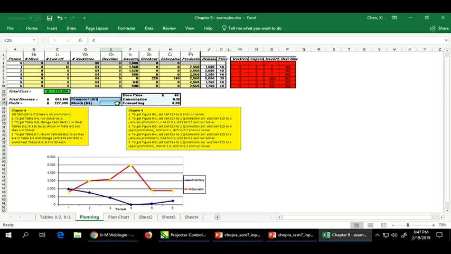So either month 1 or month 4. So in the original case, we had no promotion, and we calculated the total cost for the whole manufacturing aggregate plan to be $422,660.